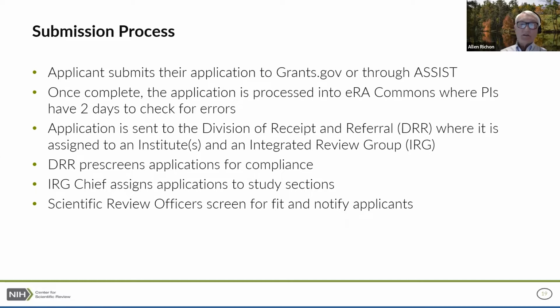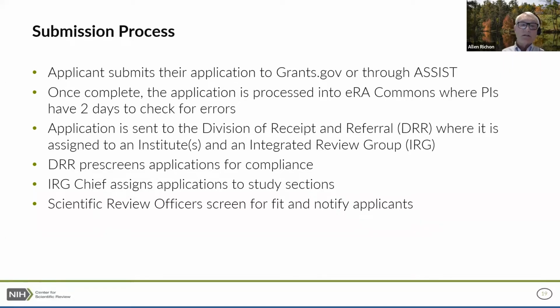DRR, the Division of Receipt and Referral, will then assign an institute and a review group to look at the application. They pre-screen the applications to make sure that they comply with all the rules, regulations, font sizes, page sizes, and all of that. Once they have finished their review, they will send it off to the IRG chief, or integrated review group chief, who will assign the application to study sections.